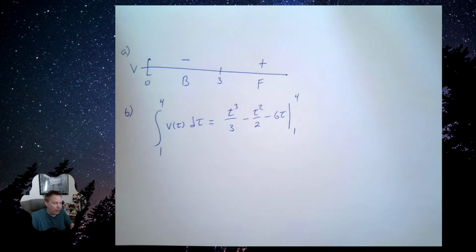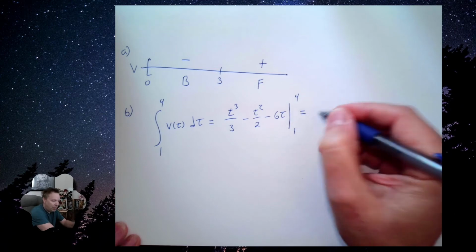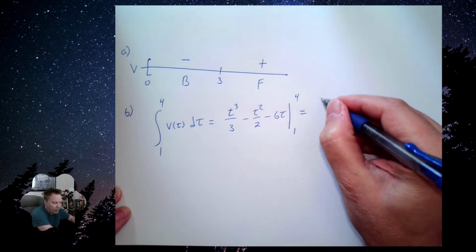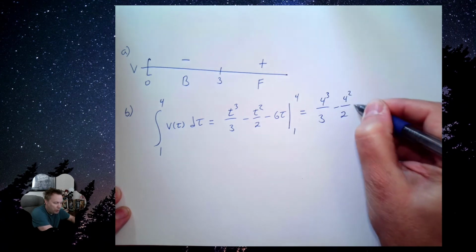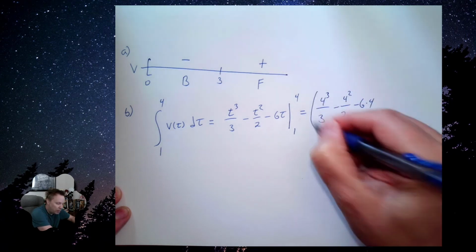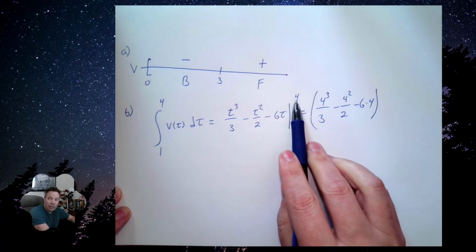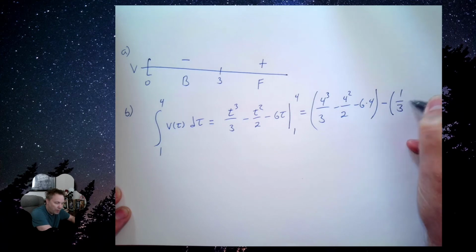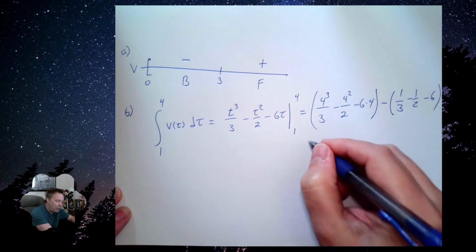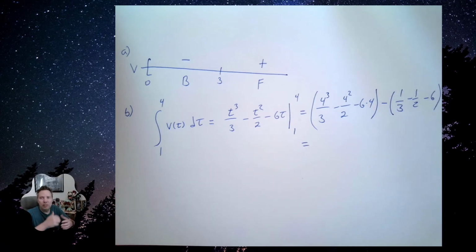When I plug in the 4, I'm going to get a number. I plug in the 1, I'm going to get a number. So to write all this out, it's going to be 4 cubed over 3 minus 4 squared over 2 minus 6 times 4. That's plugging in the 4. Minus plugging in the 1. That's 1/3 minus 1/2 minus 6. And whatever this turns out to be is going to be my displacement.